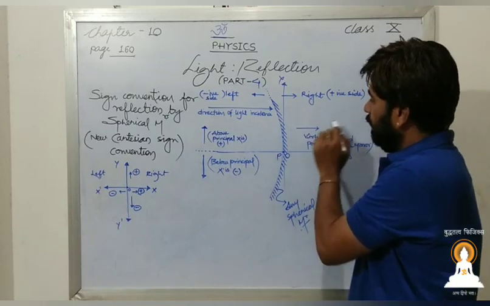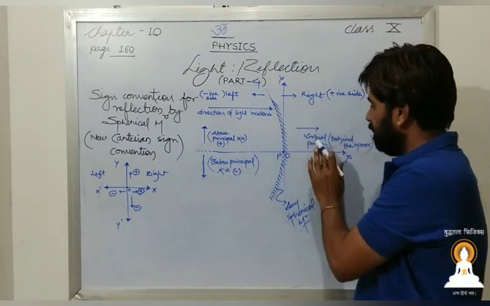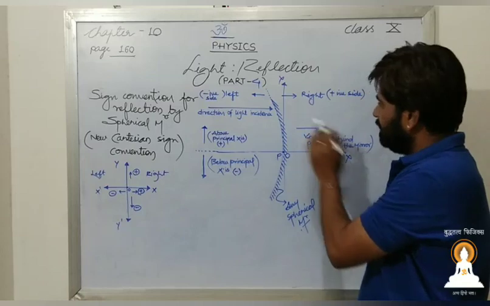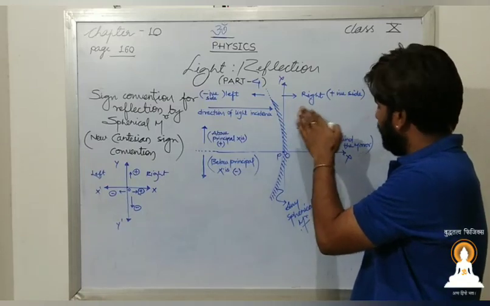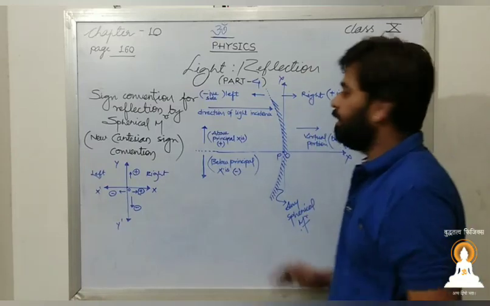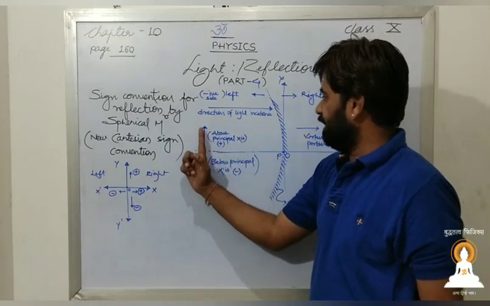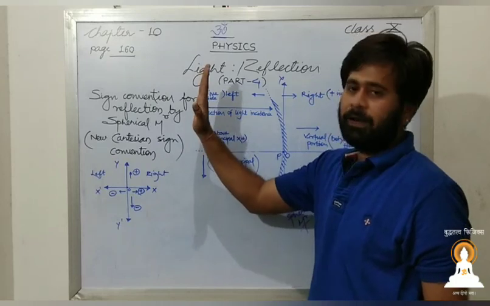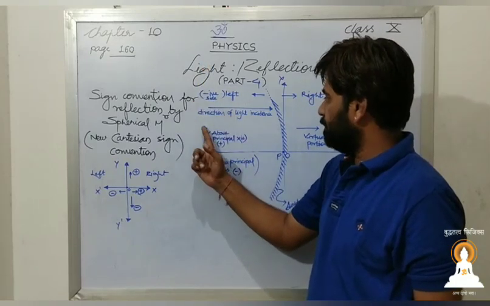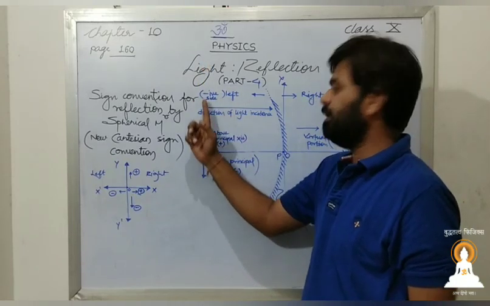This portion will be the positive one. Whatever is behind the mirror, like a virtual image, will be positive. If we put an object like this, the object will always be upright, so the height of the object will always be plus.